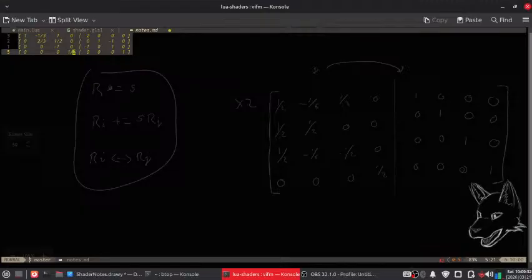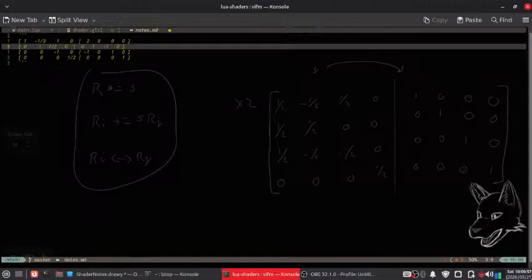We want to multiply it by 3 divided by 2. So 3 halves. 3 halves of this.